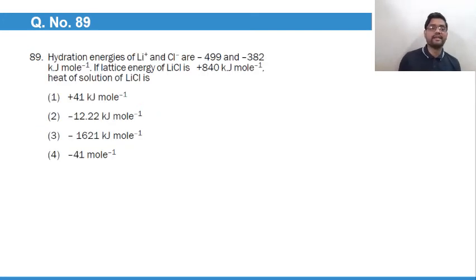Okay, 89. Hydration energies of lithium and chlorine are given. If the lattice enthalpy is this much, what is the enthalpy of solution of lithium chloride? Enthalpy of solution is nothing but what? First the lattice will break and then the hydration will take place.